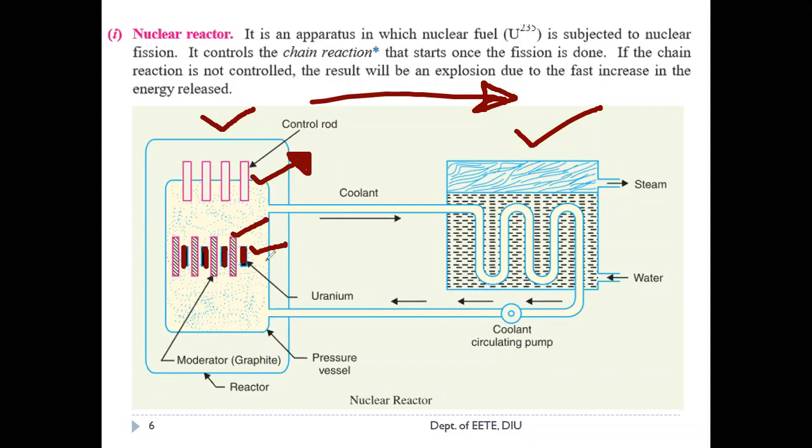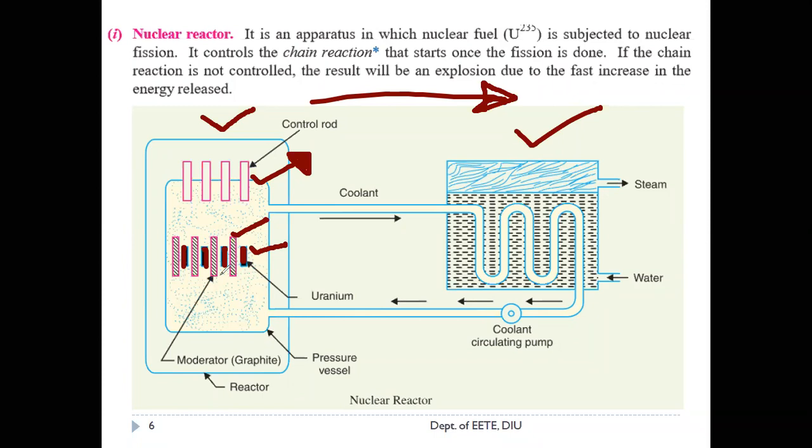And there are three things I already discussed. One is the uranium bar, the next one is the moderator or the graphite bar, and finally the control rod. The uranium bars, you all know, are the fuel. The graphite bar is the moderator. You can understand from the word: moderator means that which moderates the process. Basically the graphite bar is used to control the speed of neutrons, because when the reaction happens, the speed of the neutron particles is too fast.